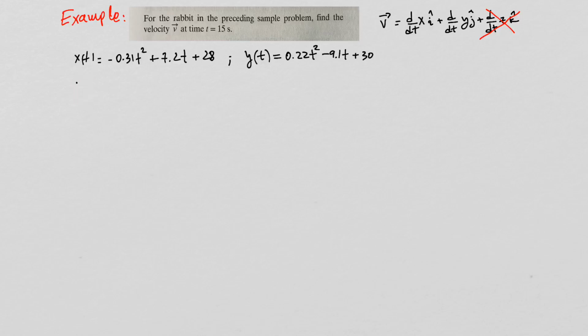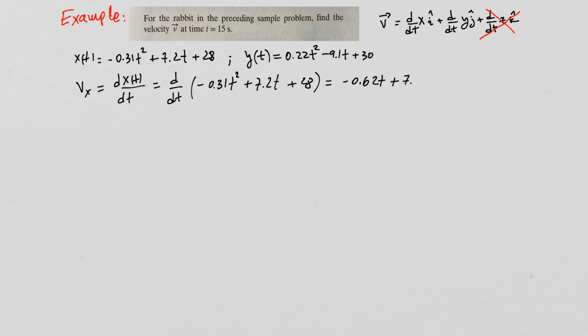So Vx is going to be equal to dx of t dt, which is d dt of negative 0.31 times t squared plus 7.2 times t plus 28. And so this gives me minus 0.62 t plus 7.2.